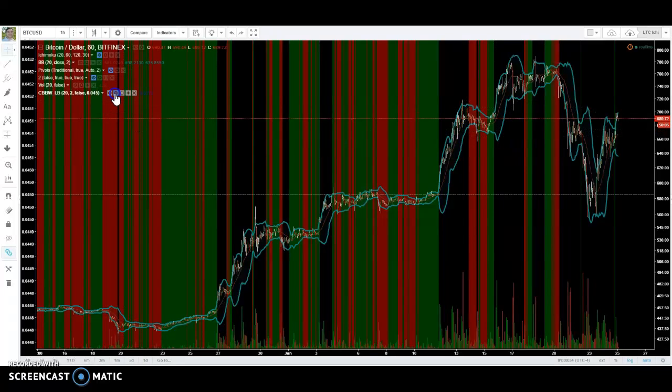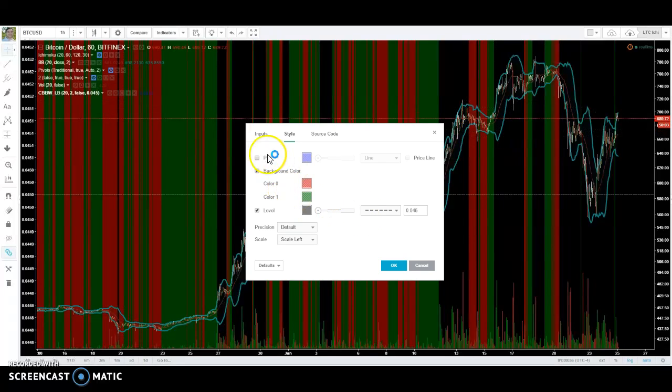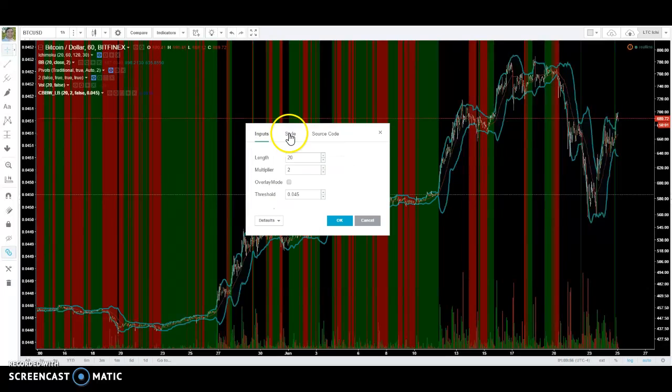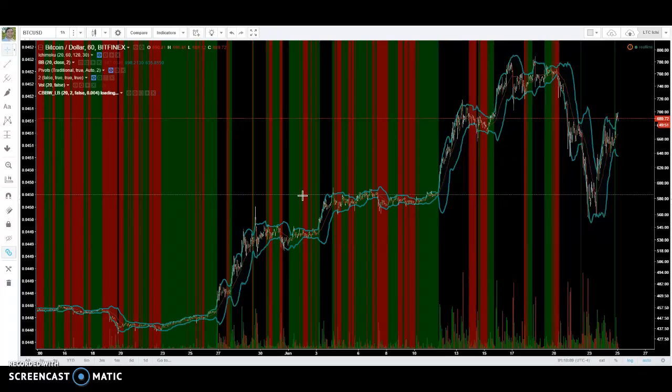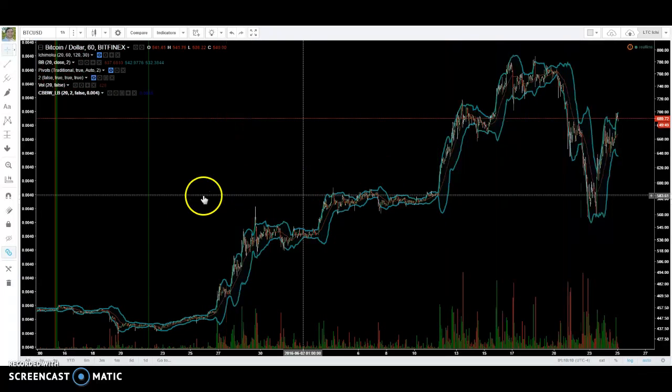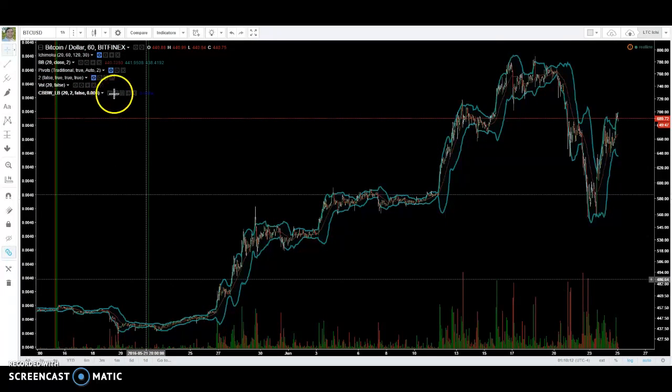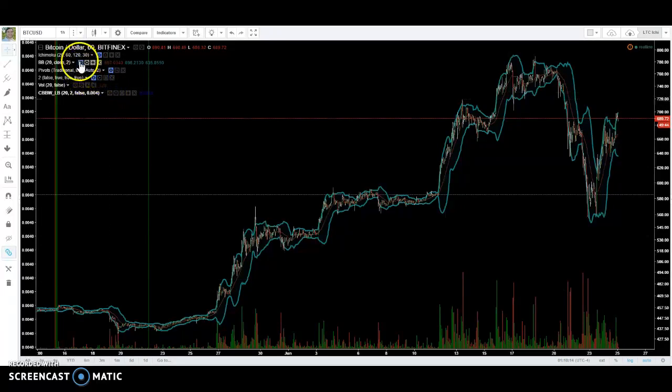And then what you do is change the level of the threshold for the highlighting. Let's just go to something lower like that. And we'll shut off B-bands as well.